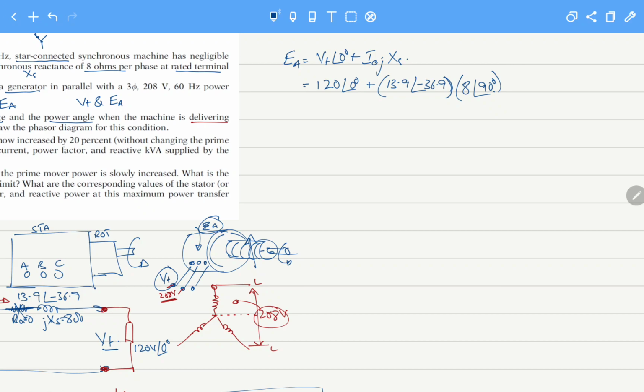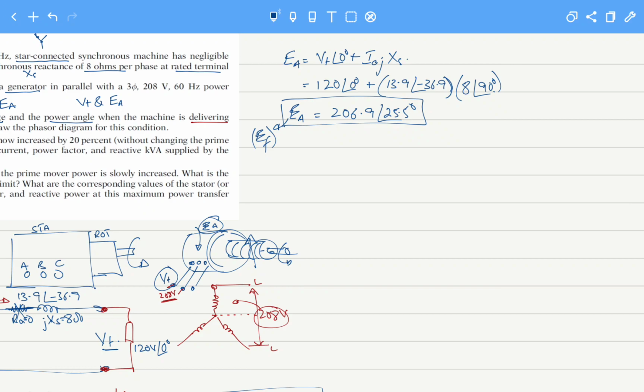If we solve this equation, we get EA, which in some books is also denoted as EF for the synchronous machine. EA will become 206.9 angle 25.5 degrees. Okay, and what will be the power angle?